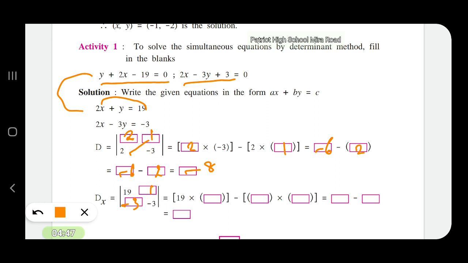So it will be 19 multiplied by minus 3 minus minus 3 multiplied by 1. The product of this is minus 57, and minus of minus 3 will become plus, so it will be minus 54.